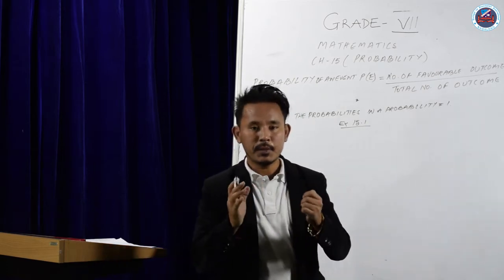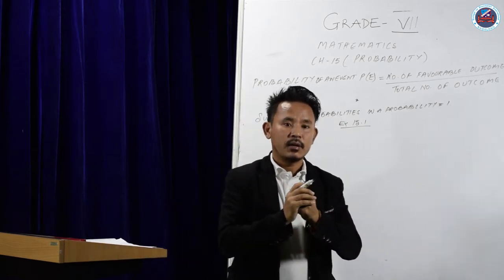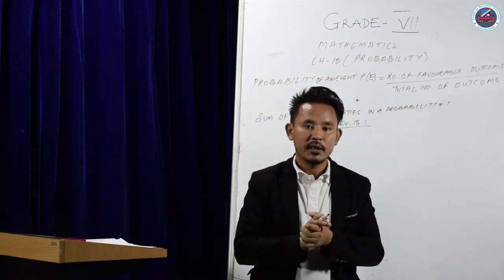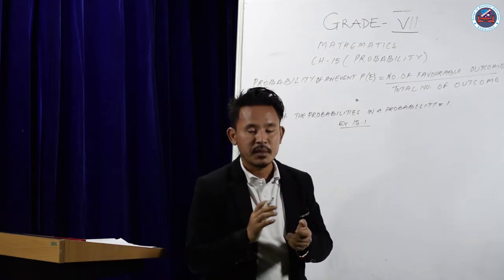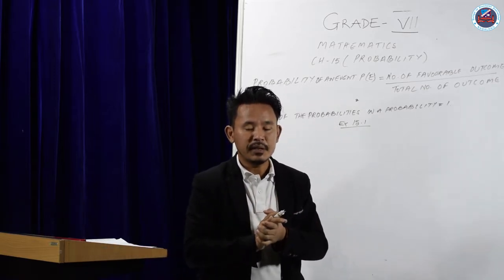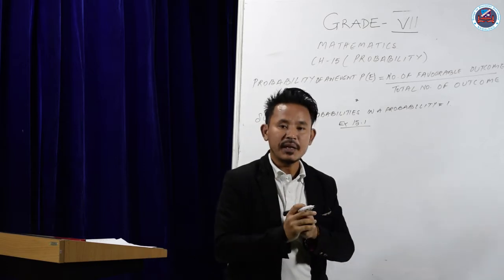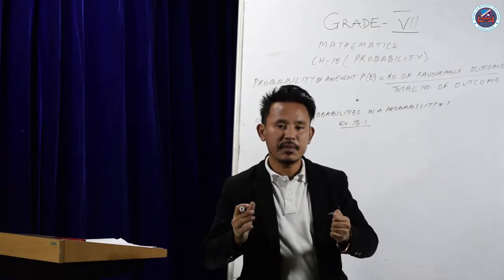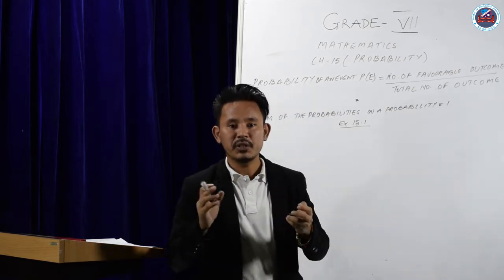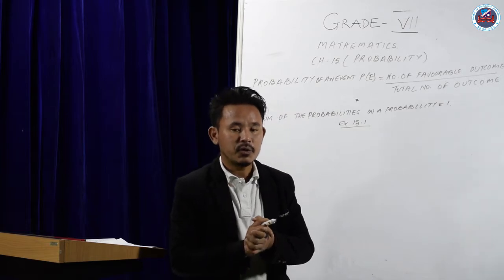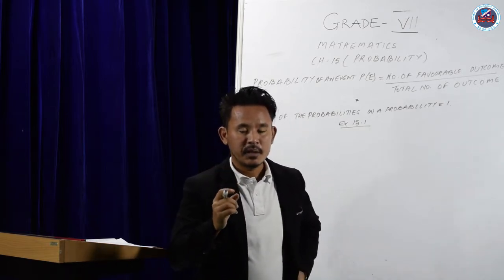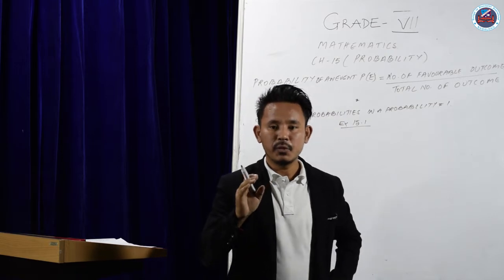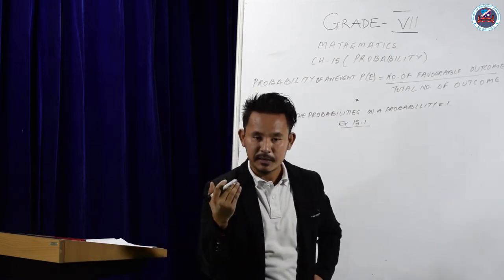Now when we talk about probability, first of all, what do we actually mean by probability? In a simple term, we can say the possibilities. For example, I can say probably it might rain today, or probably it might not rain today. There are 2 possible options that I have. Or to make it more simple, let's take a single coin. In a coin we know there are 2 sides, the head and the tail, right?